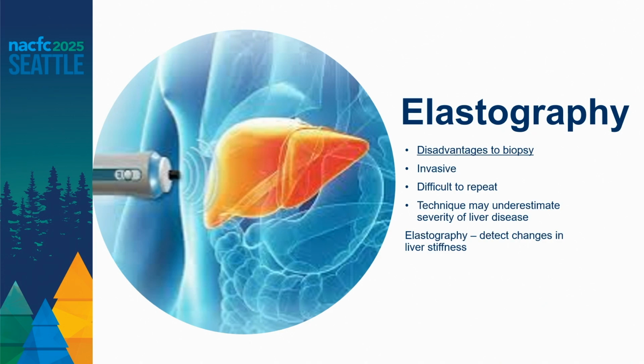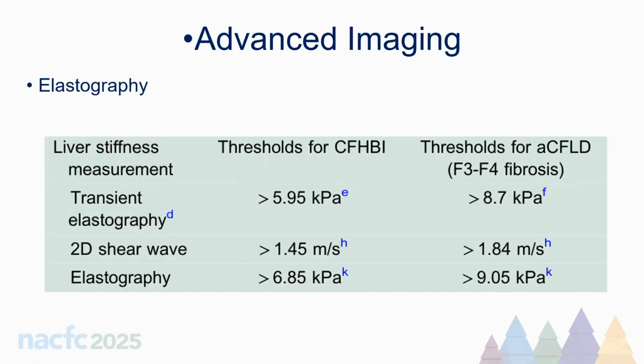There's also biopsy. The disadvantages of biopsy: it's invasive, difficult to repeat, and the technique may underestimate the severity of the liver disease. But elastography detects changes in liver stiffness, and it's more cost effective and less invasive.